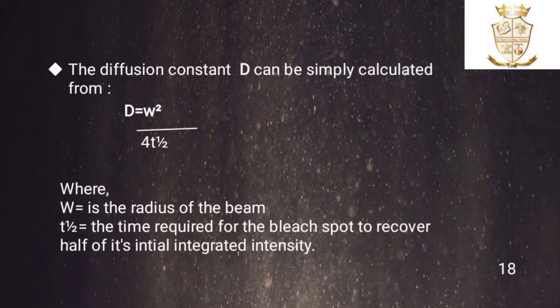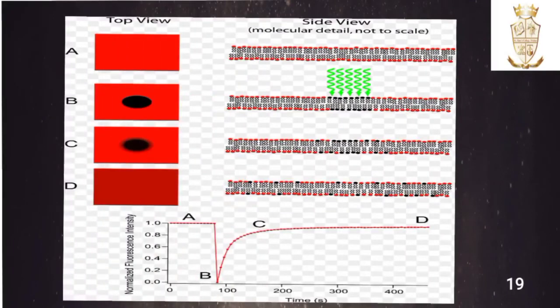Once more, the diffusion constant D can be simply calculated from D equals w squared divided by 4 t half, where w is the radius of the beam and t half is the time required for the bleach spot to recover half of its initial integrated intensity. This is the picture, the top view and side view of the fluorescence.